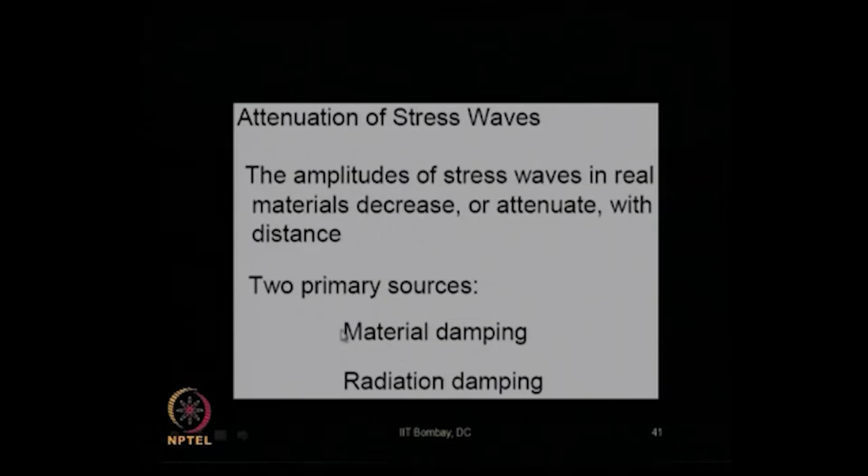As we know, every material in the earth has some viscous damping. Another terminology we use for this material damping is viscous damping. That is, each material has some damping constant. If some wave travels through that, after some time it will dampen, right.